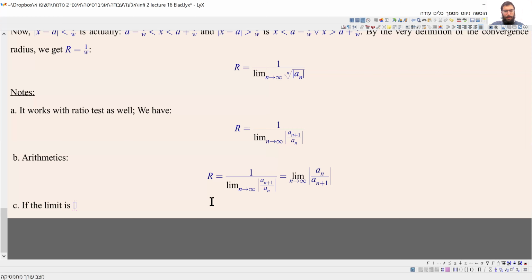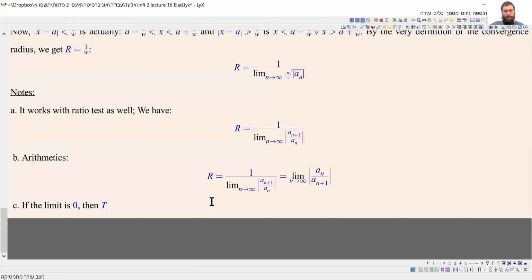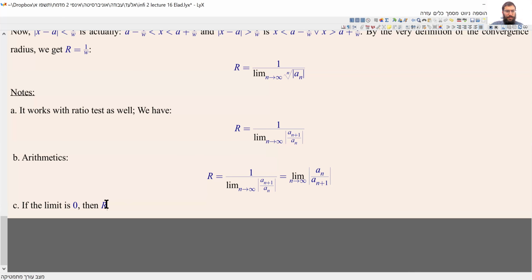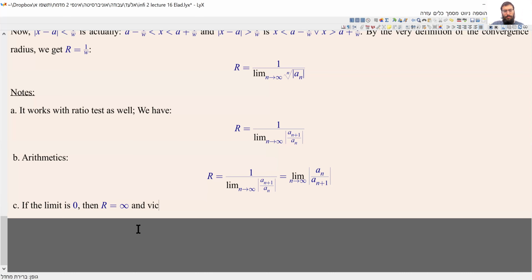If the limit is 0, then it means that R is infinity, and vice versa. I mean, yes, 1 above 0 is infinity, but it's not really formal. I just wanted you to know that it actually works.